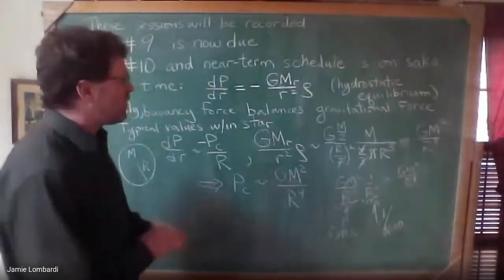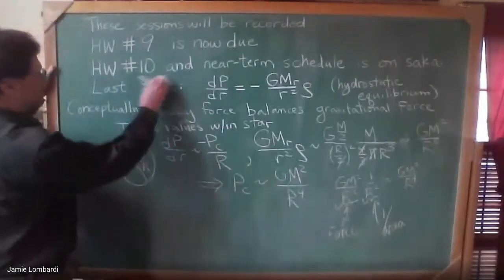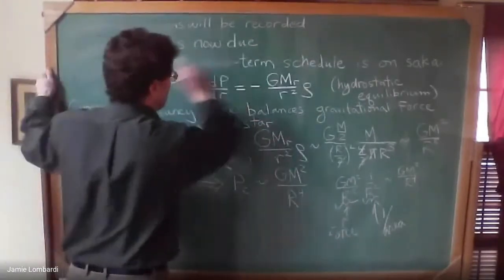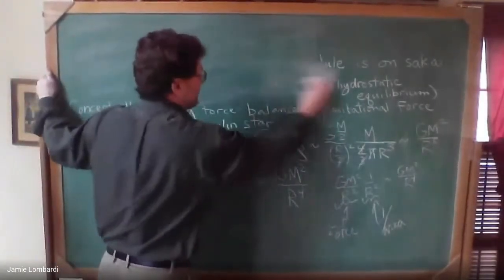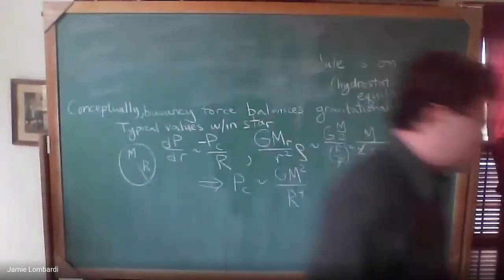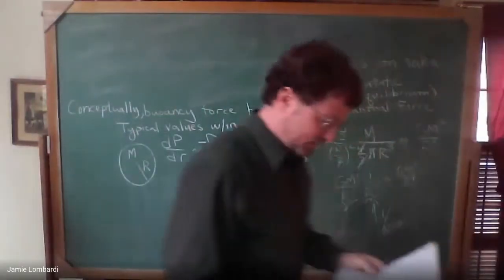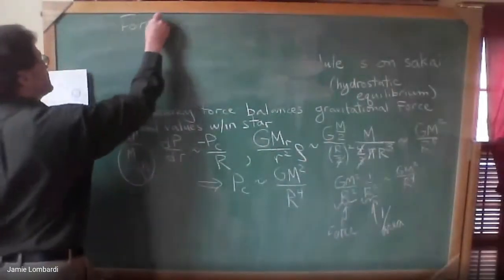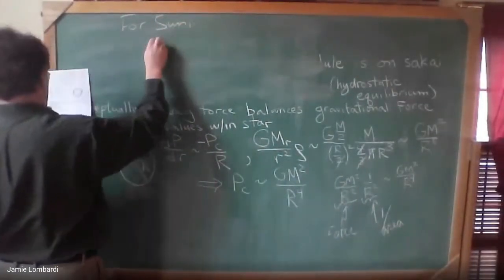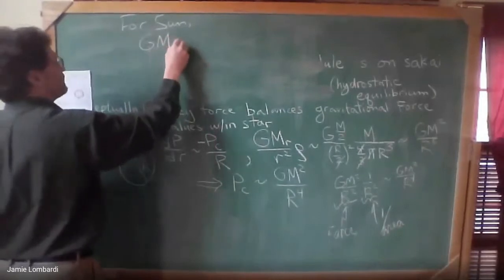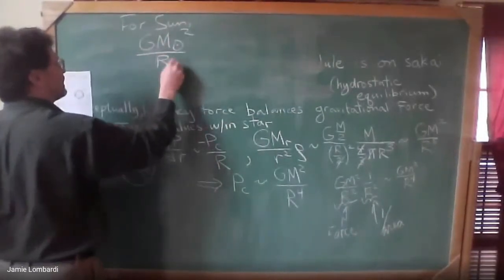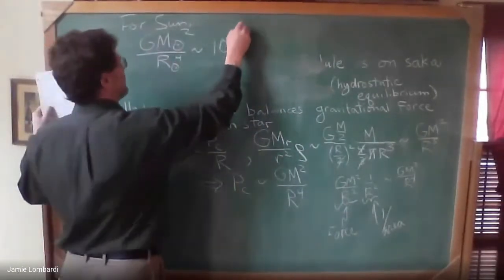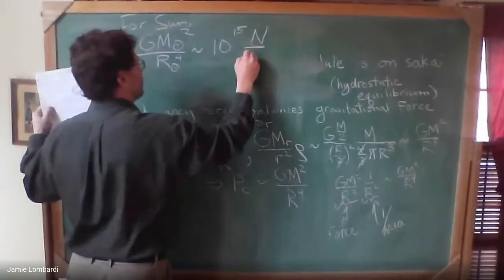Now, if we go and we plug in values for M and R that correspond to our sun, then we can make an estimate of what the central pressure is for our sun. So for the sun, if we calculate G M solar squared over R solar to the 4th, we can plug in numbers, and this turns out to be about 10 to the 15 newtons per meter squared.